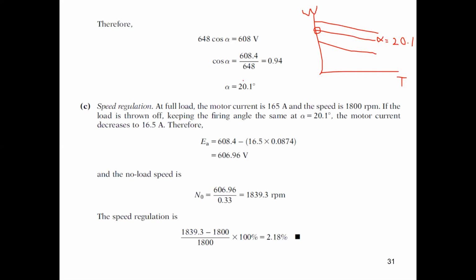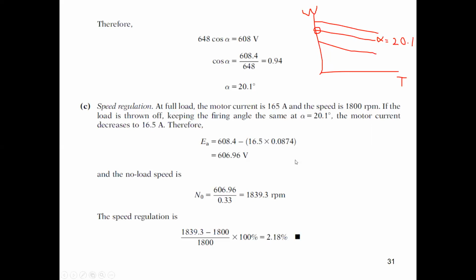So we could calculate now the no load speed, which is 1839 RPM, and simply we can substitute in the speed regulation to get the ratio. As you can see, the ratio here is 2.18. This reflects that this motor is very efficient because there is a small voltage drop across the resistance. This is because the resistance value here is very small.